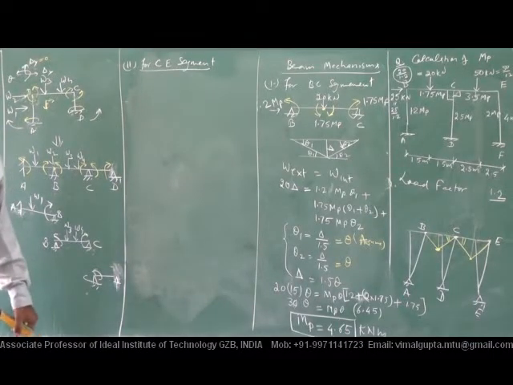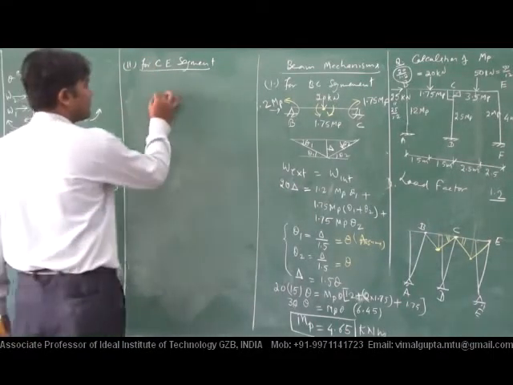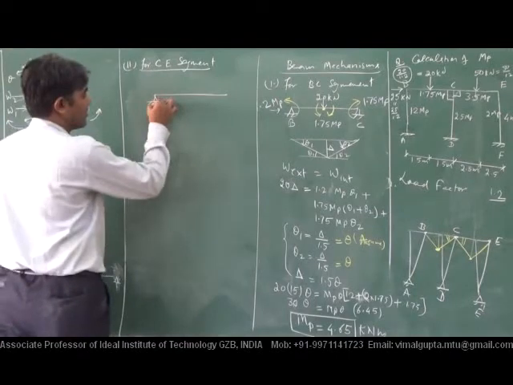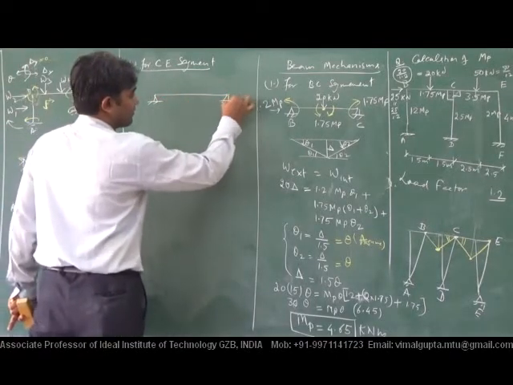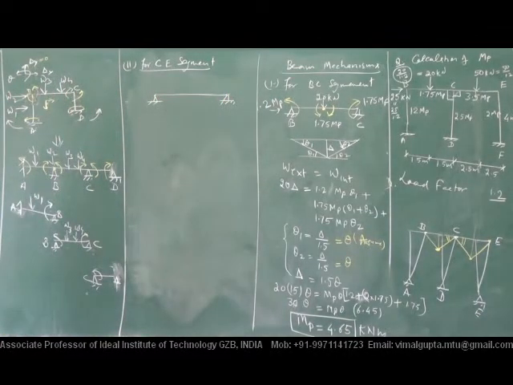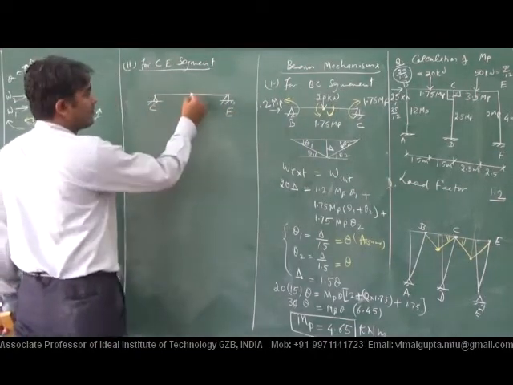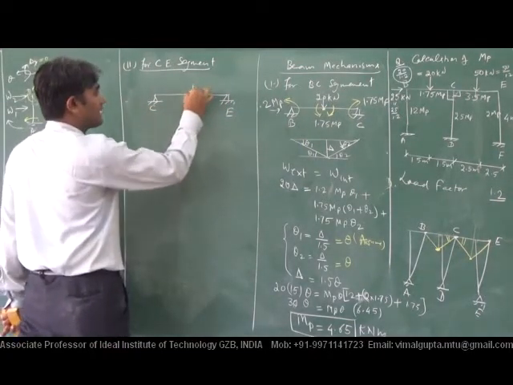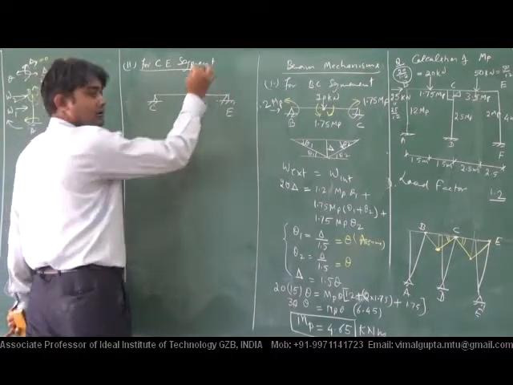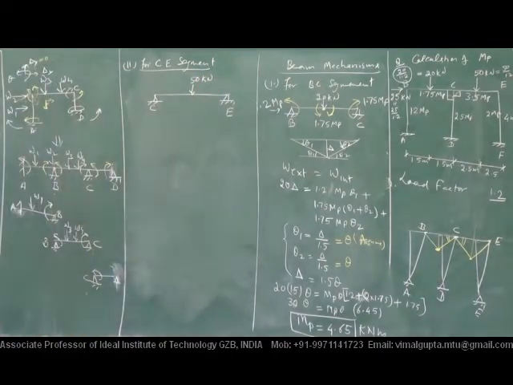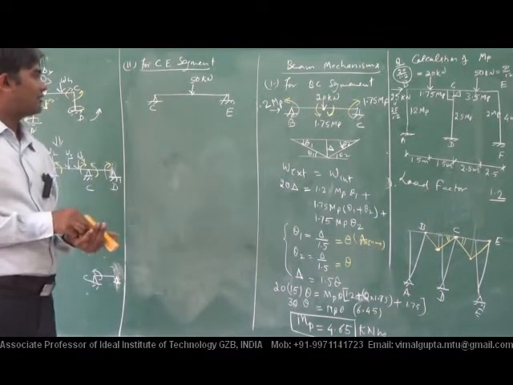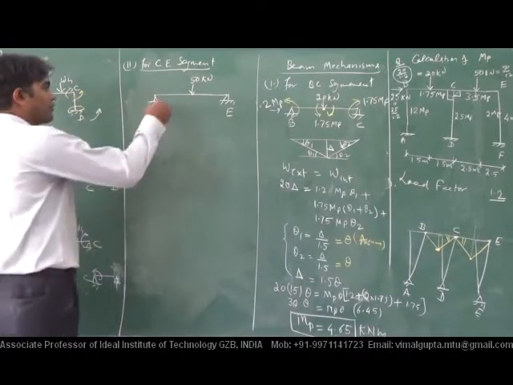So for CE, this point is C, this point is E, and the load is 50 kilonewton. What will be the value of the moment at support CE?